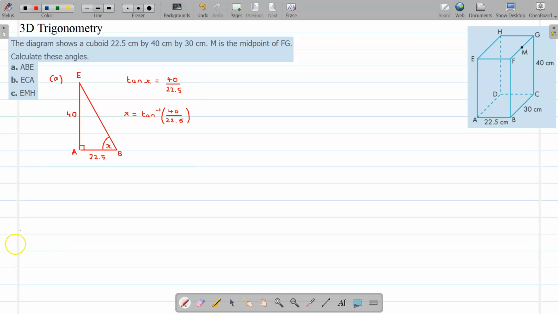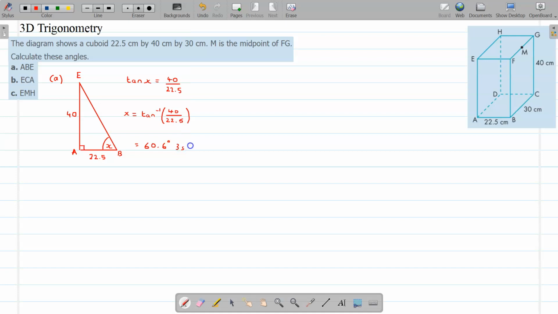That will give you the value of X. Normally we would do 3 significant figures with most of these questions. So that comes to 60.6 degrees to 3 significant figures.